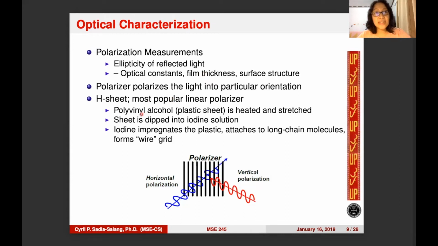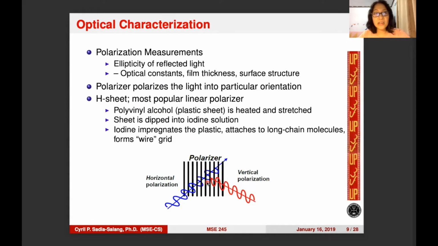The H sheet is a polyvinyl alcohol (PVA) polymer impregnated with iodine. The PVA polymer chains are stretched such that they form an array of linear molecules. The iodine attaches to the PVA molecules and makes them conduct along the length of the chains.